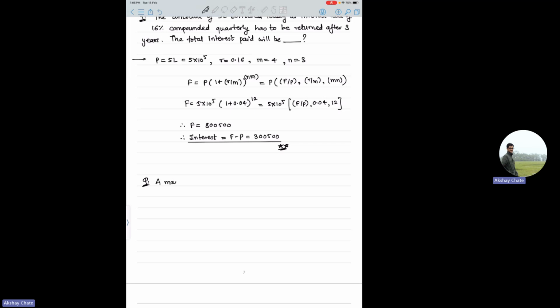This is the question. Slightly confusing language, but not that difficult. Okay. So the question is: a man makes semi-annual payments of 1,000 rupees each into a bank account that pays nominal interest of 6% compounded weekly.